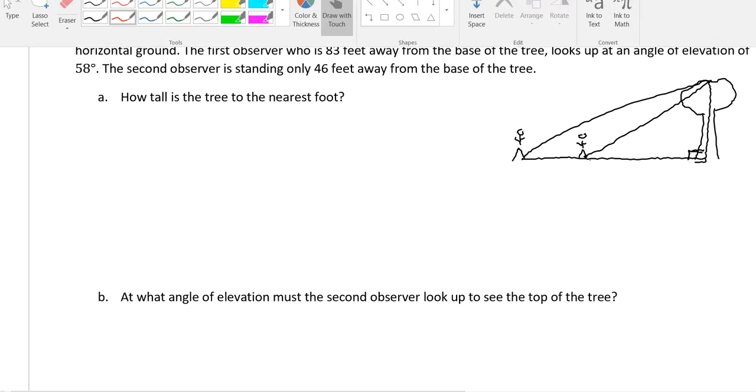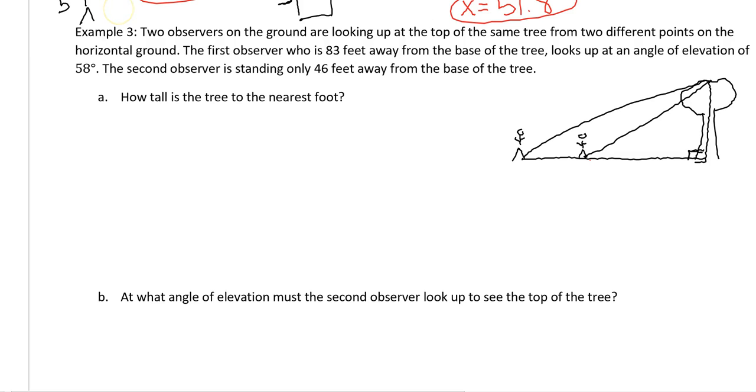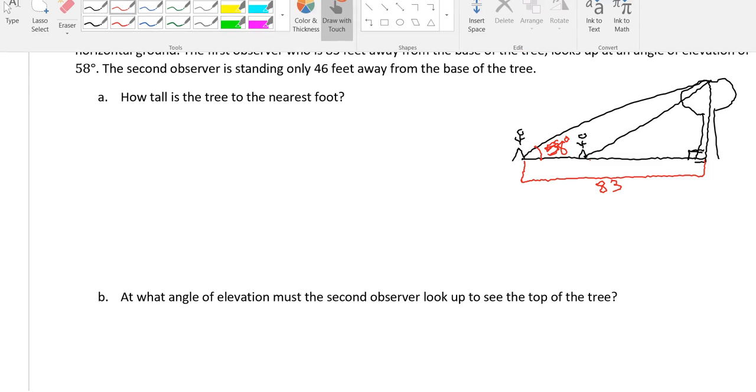So the second observer is closer, and the first observer is 83 feet away with 58 degrees.